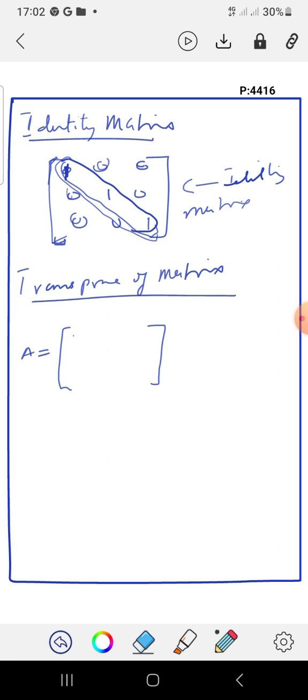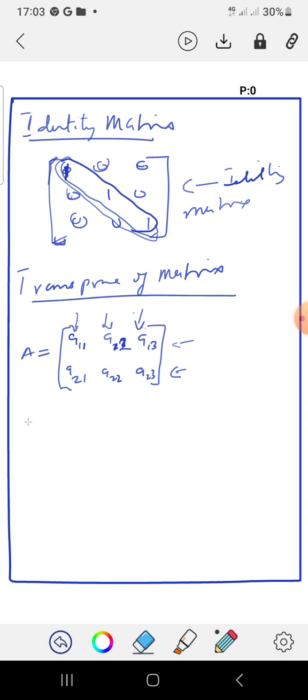So let's say this is A: A11, A12, A13, and A21, A22, A23. That is obviously a 2 by 3 matrix because it has two rows and 3 columns.